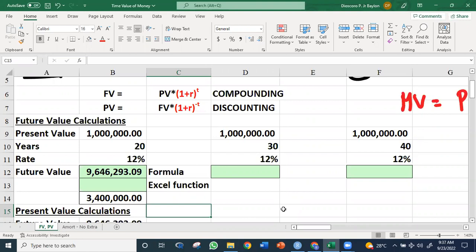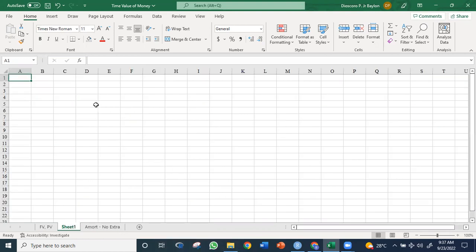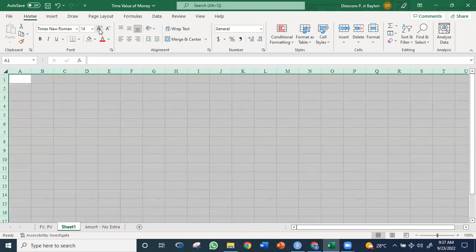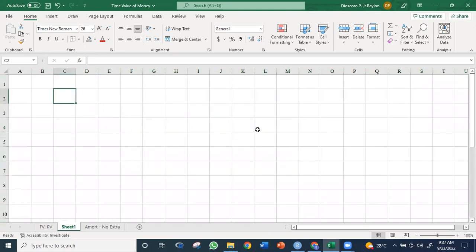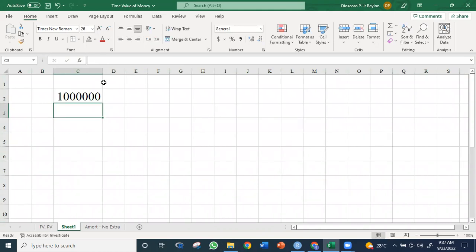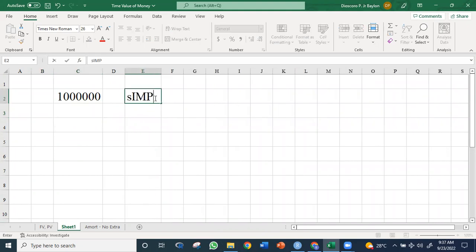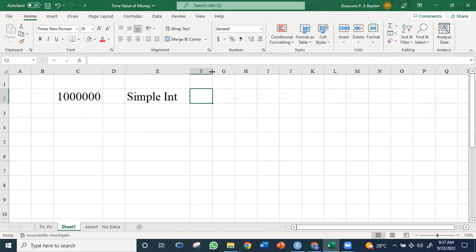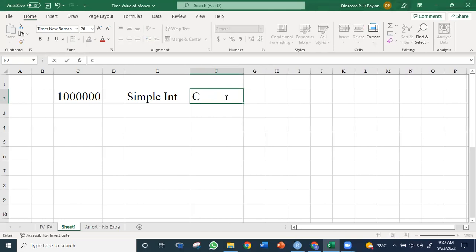In fact, let's try to plot. Let's see the difference between a principal of 1 million using simple interest and using compound interest.